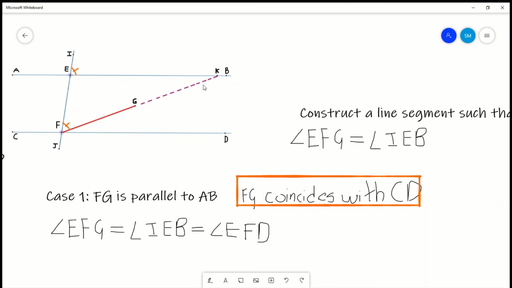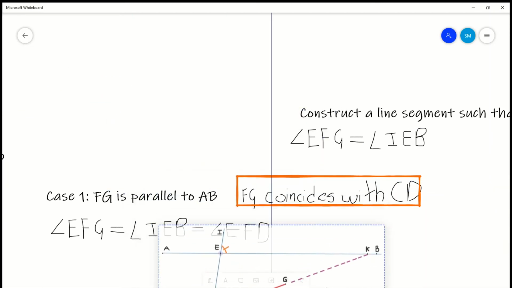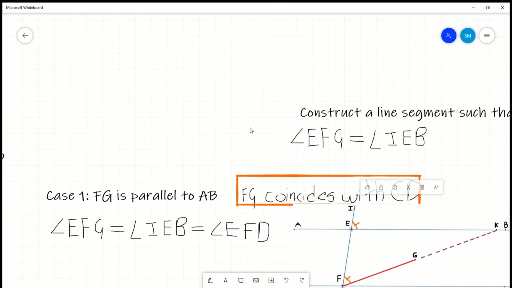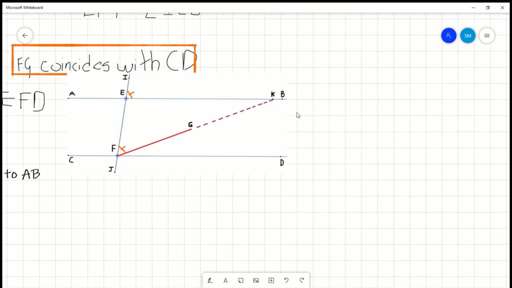So I extended it, and for some point K, the extension of FG intersects AB. So let me move this a bit and get things a bit more clear.